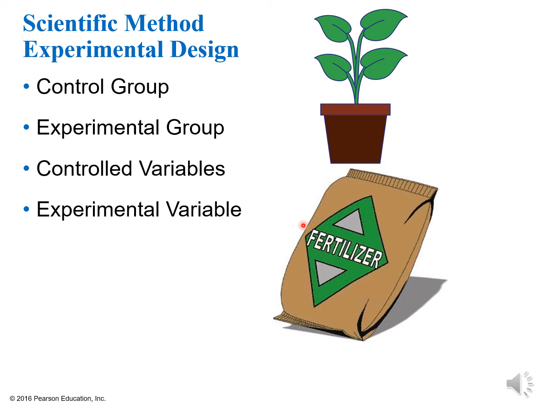Whenever you're designing an experiment, you have to control as many variables as possible, and you only want to have one experimental variable. In this example, our experimental variable, the one thing that I really want to have different between those two plants, is the fertilizer.